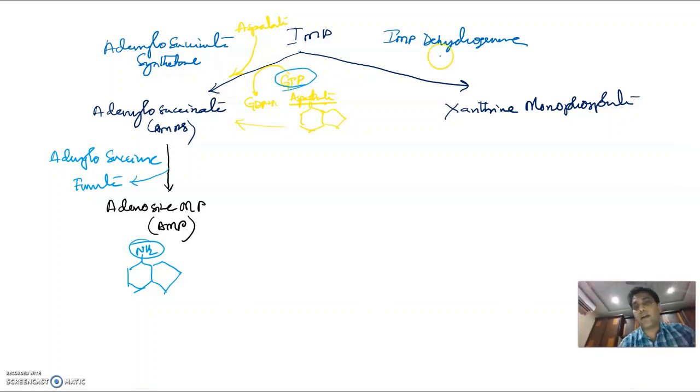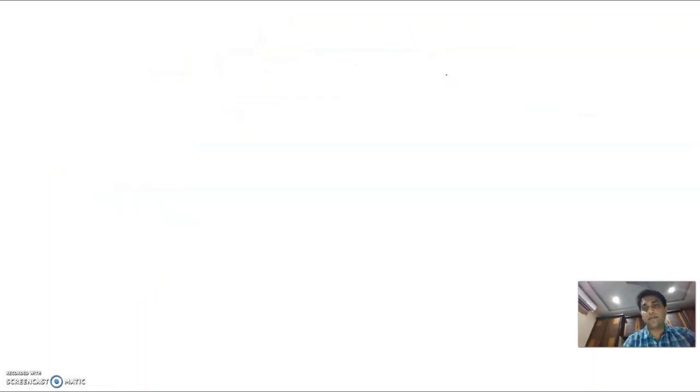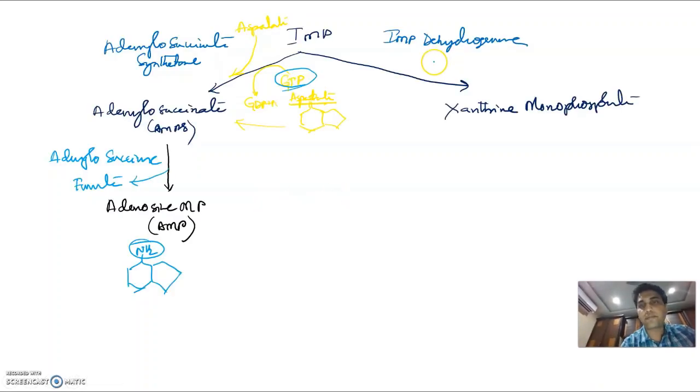Now IMP undergoes dehydrogenation in presence of IMP dehydrogenase to form xanthine monophosphate. What is xanthine monophosphate?